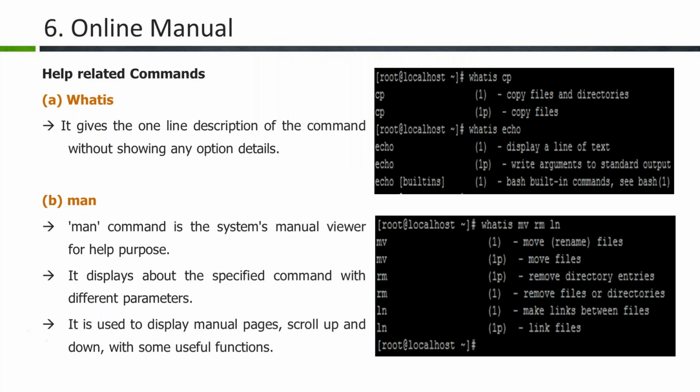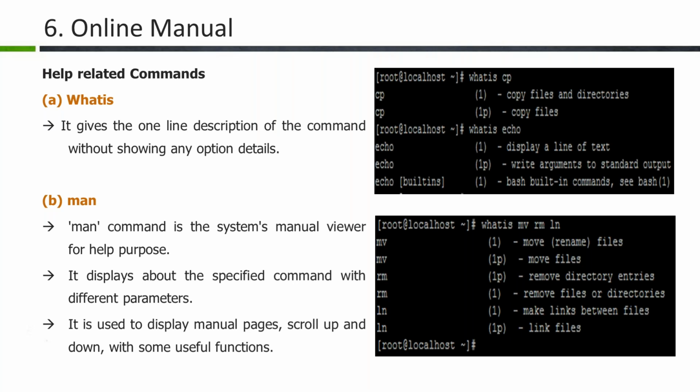Okay, next is online manual. For online manual, first is the whatis command, and next is the man command. In the man command, it displays how to use that command: the description, then second is the syntax, and third is the parameters. 3 sections it displays in the man command. The whatis command is also used for help purposes, but it will just display the use of that command, first line only, one liner only.